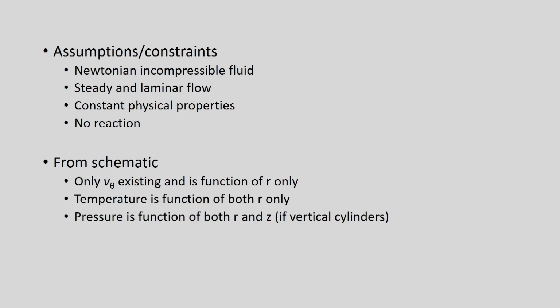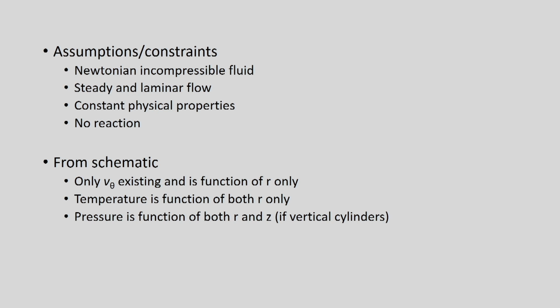We start with our conventional method: simplify the continuity equation, then simplify the equations of motion, and get information about the velocity and pressure distribution. We solve those equations to get the velocity and pressure distributions, then use that velocity profile in the energy equation. So, let us start with the assumptions before solving this problem.